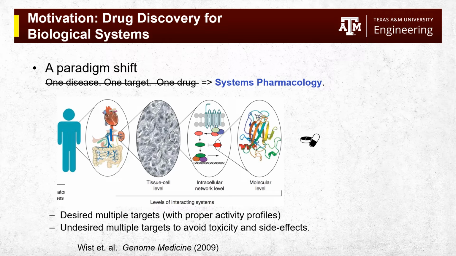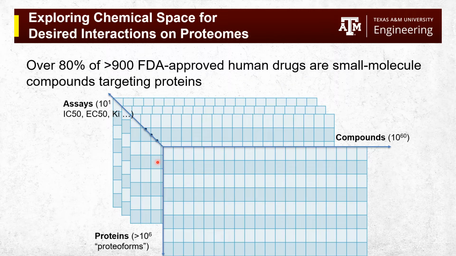The motivation of this project starts from drug discovery, where we're trying to design drugs not only for a single gene or protein, but for a system that consists of a lot of genes and proteins. We need to look into more than millions of proteins and mine the chemical space of up to 10 to 60 compounds.